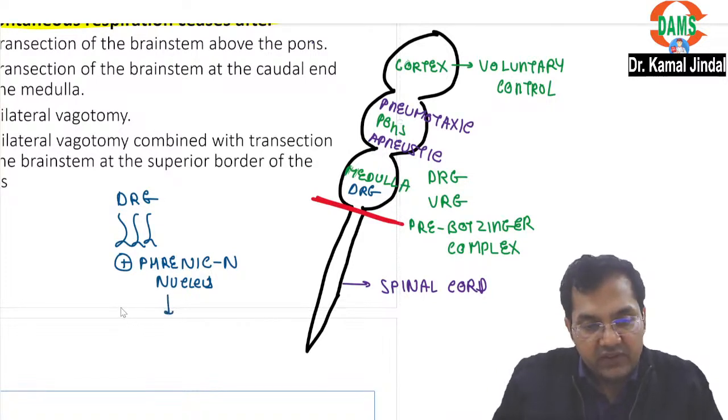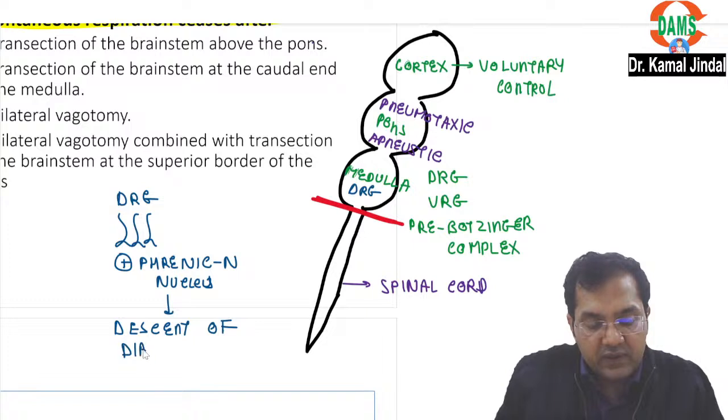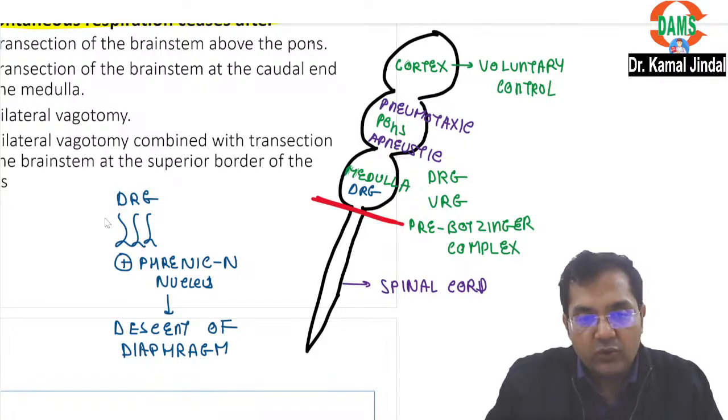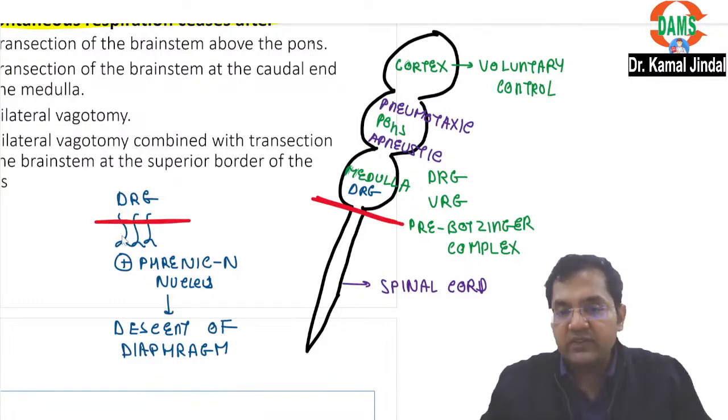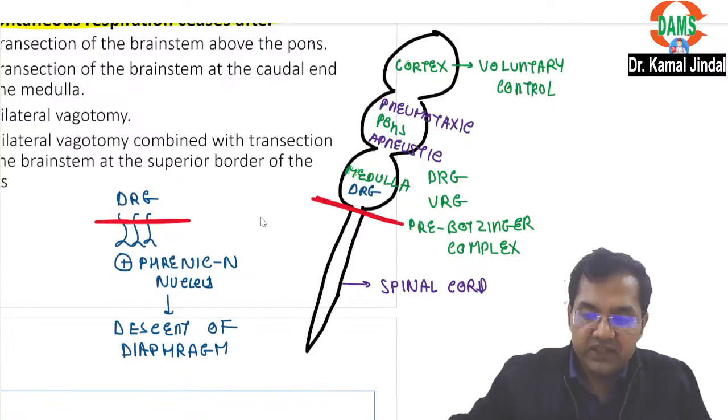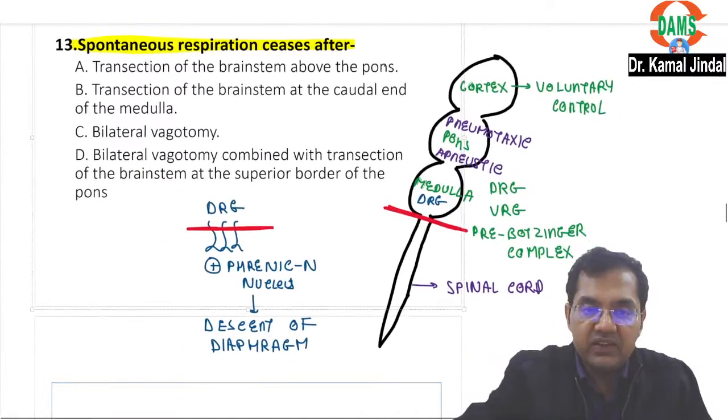That is responsible for normal inspiration, and we all know normal expiration is passive. So if I do a lesion over here, these neurons are damaged, the person will not be able to breathe and his respiration will immediately cease.